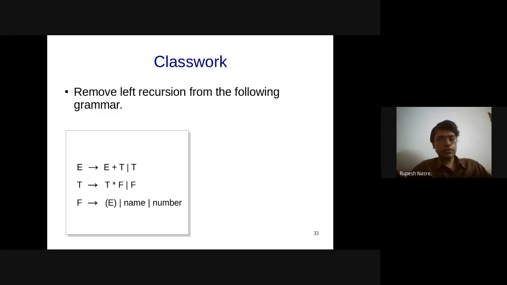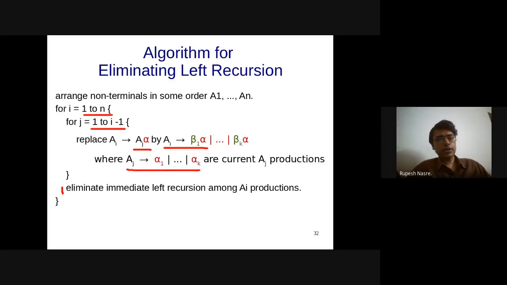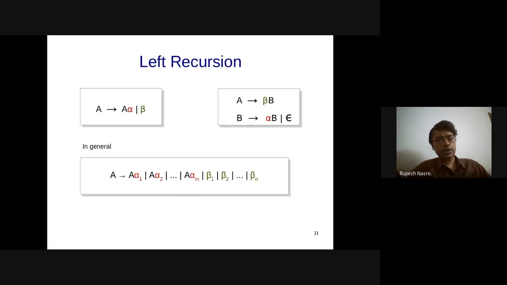Okay, we'll go to the previous slide. Remember, E derives E plus T or T, and T derives T star F or F, and F derives parenthesized E, name, or number. So let's go to this part. This might be helpful.